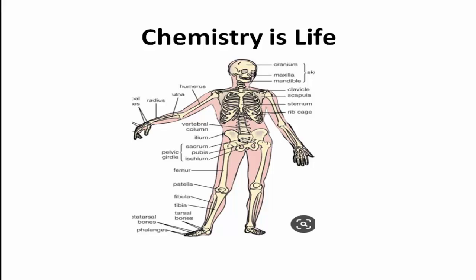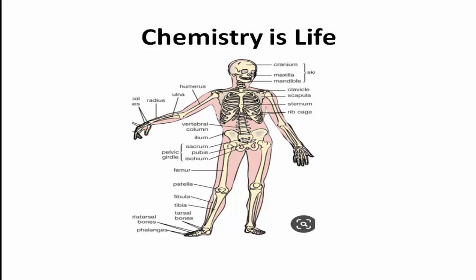If we take the example of ourselves, our body is made mainly of two components, that is muscles and bones. Muscles are made of proteins and carbohydrates. These are chemicals. And for bones, we take calcium in the form of supplements or medicines to overcome the deficiency of calcium in our body, and we take calcium to make our bones strong, and calcium is again a chemical.